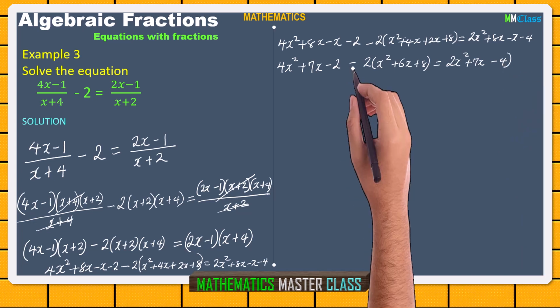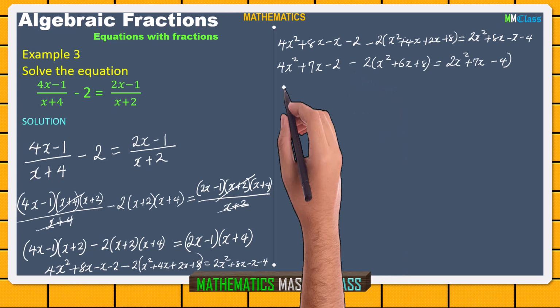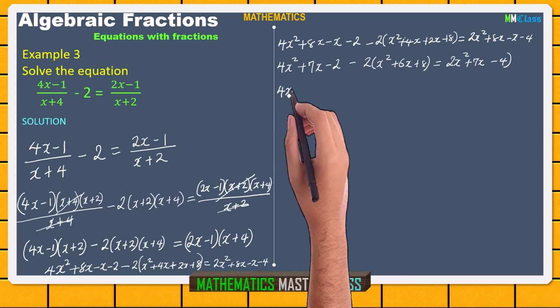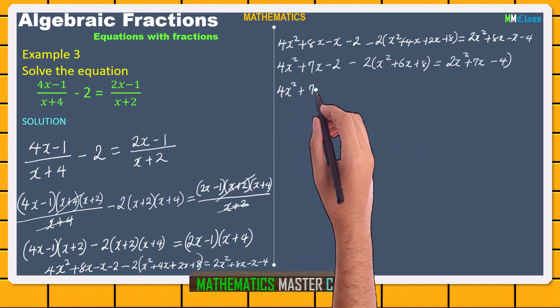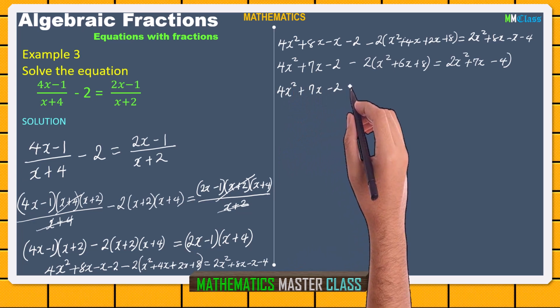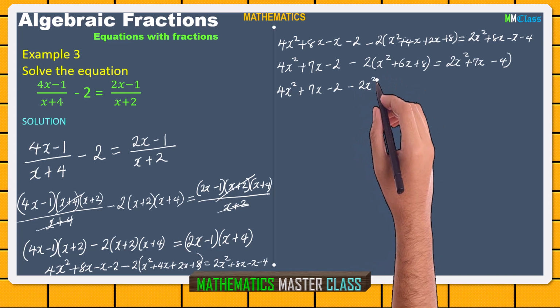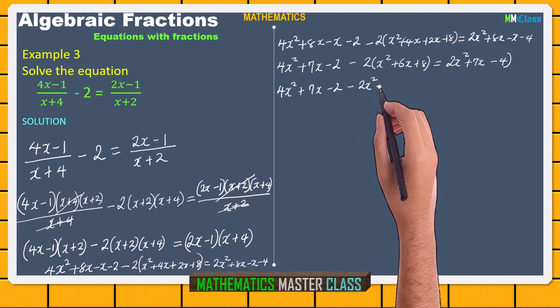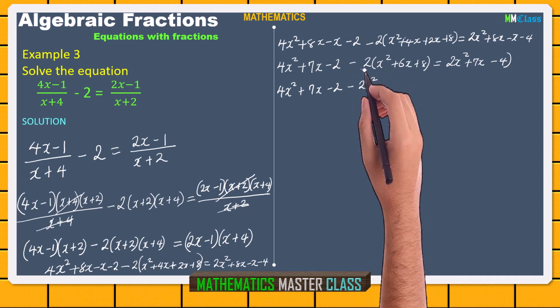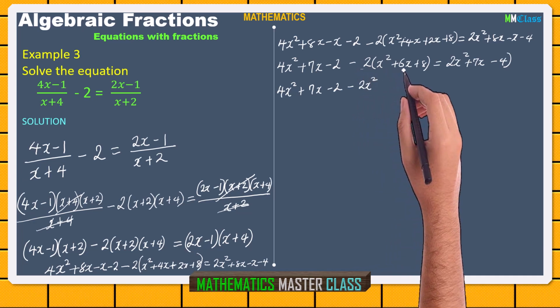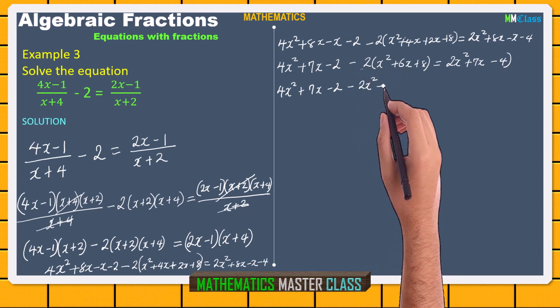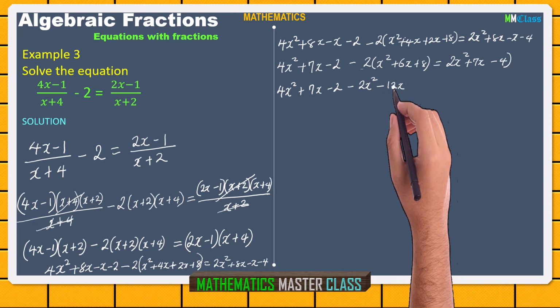Sorry, here is minus. Now, 4x squared plus 7x minus 2, minus 2 times x squared will give us 2x squared. Now, remember we have minus 2 here. Minus 2 times plus 6x will give us minus 12x.